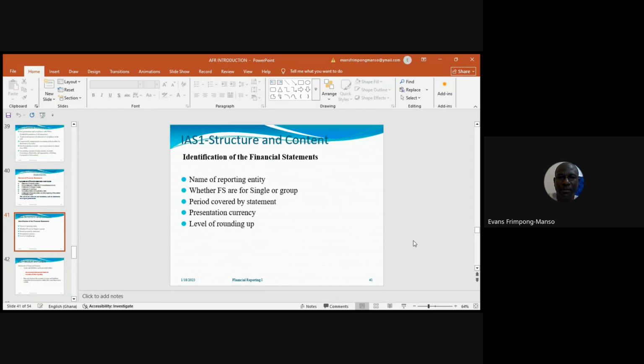And then the presentation currency. So if it's in cedi sign, always you have to put the cedi sign there. If it's in pounds, you write pounds. If in dollars, you write dollars. It is very, very important. And then the level of rounding up. At times, they can tell you the accounts have been prepared based on maybe 3 decimal places or 2 significant figures.